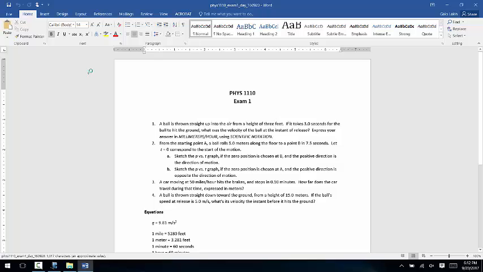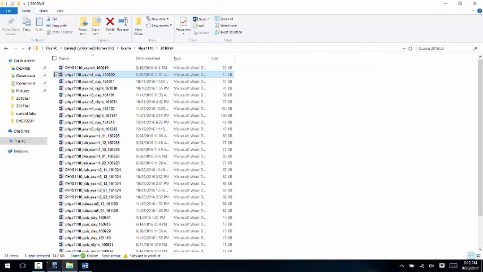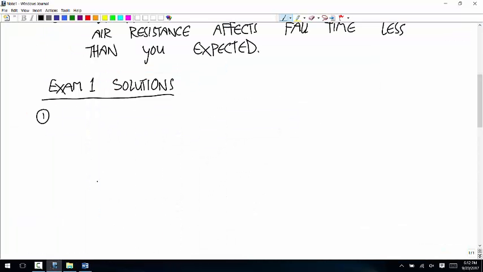That's it? Okay. A ball is thrown straight up into the air from a height of 3 feet. Takes 3 seconds to hit the ground. What was the velocity when it was thrown? Okay, so it's thrown from here.